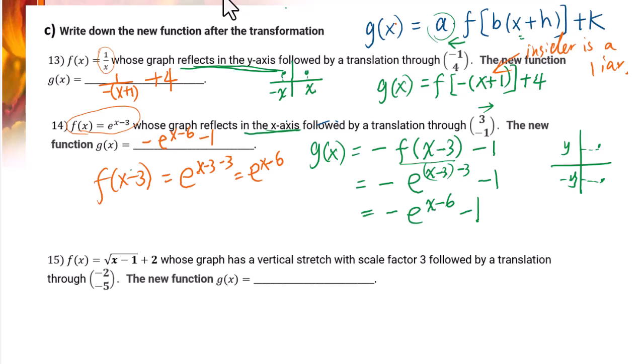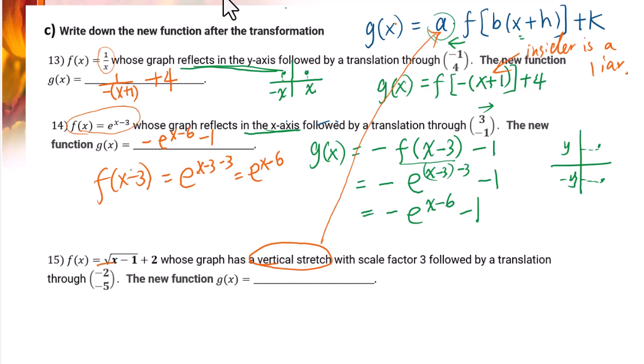Look at the 15. F of x equals square root of x minus 1 plus 2, whose graph has a vertical stretch with a scale factor of 3. Vertical stretch means this transformation is related to y, which means this a. By a translation through (negative 2, negative 5).